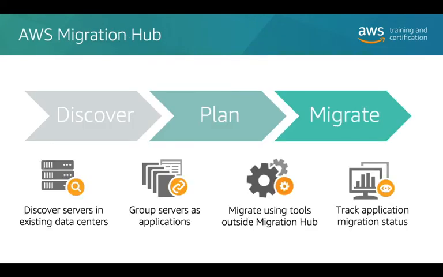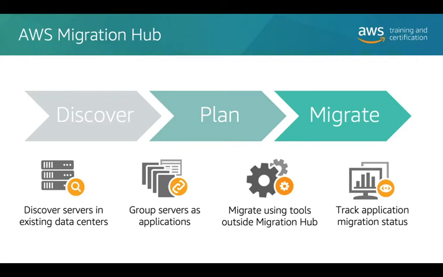Also available to you as a tool to help you with migration is what's called AWS Migration Hub. Migration Hub is a central portal that holds together both the discovery information, the ability to analyze and process the discovered data, to group servers together and associate them with a single application, which is an entity for the purpose of migration.